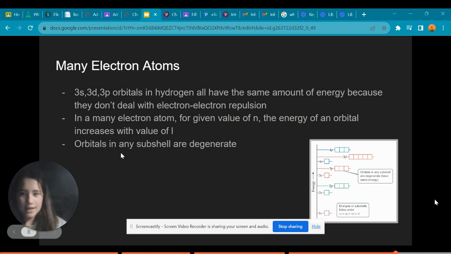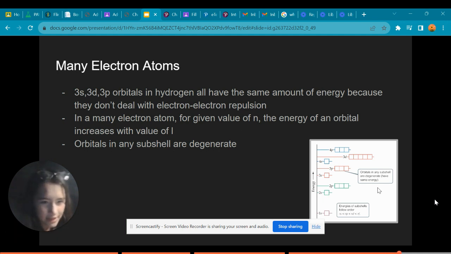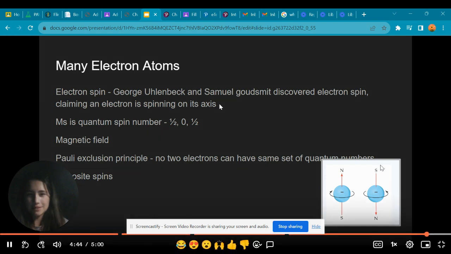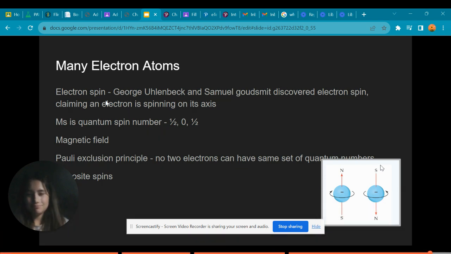And then orbitals in any subshell are degenerate, which means that they have the same energy. So all the orbitals in the 3p subshell will have the same amount of energy. The electron spin was discovered by George Uhlenbeck and Samuel Goudsmit. It just means an electron is spinning on its axis. This also came to be how they found the next quantum number.